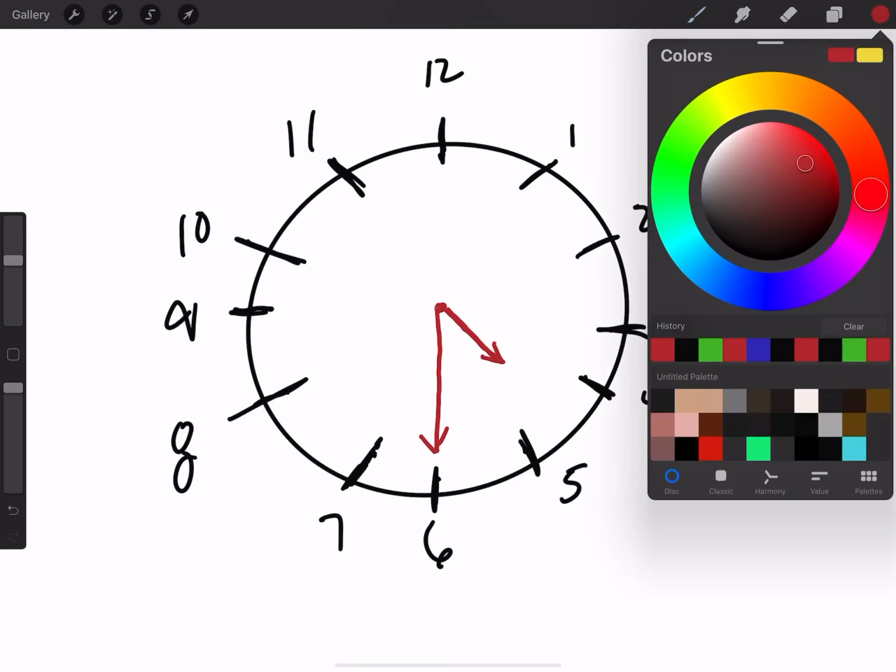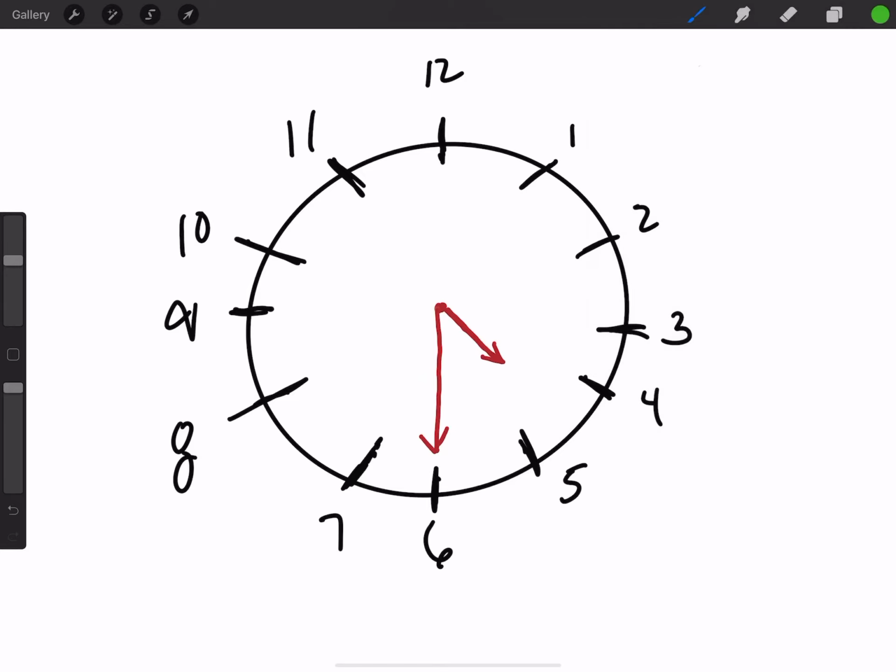Now, if you notice, our arrow is not pointed at the 4, and it is not pointed at the 5. It's not all the way to the 5 yet. So we would say this is 4, because we're not all the way to the 5. And then we have 6 groups of 5 minutes each. So 6 times 5 is 30 minutes.